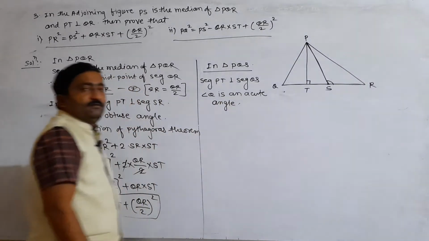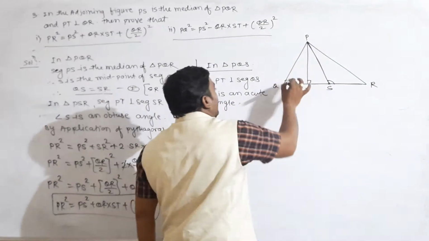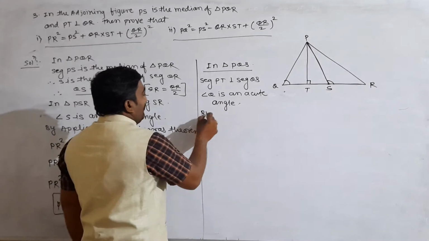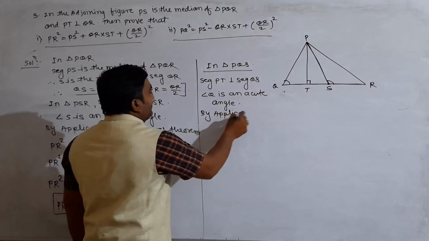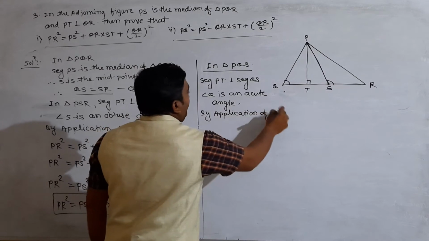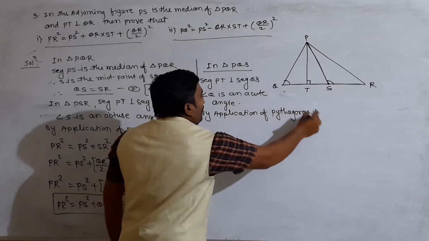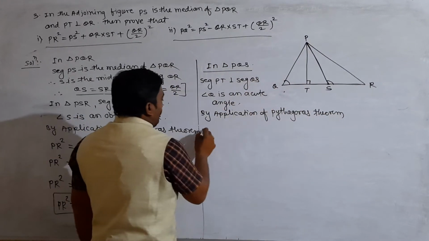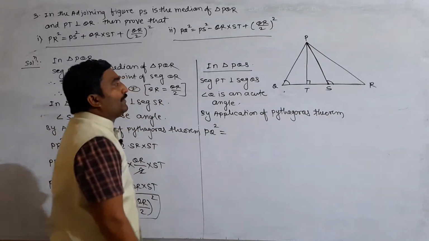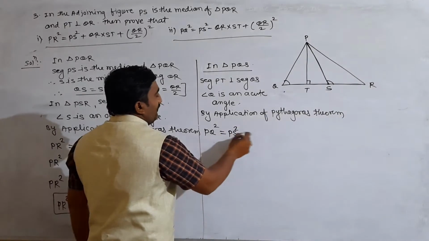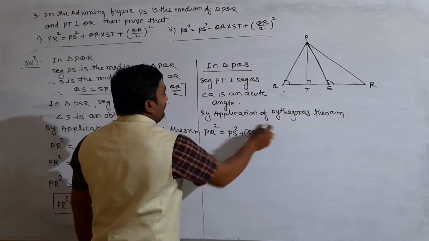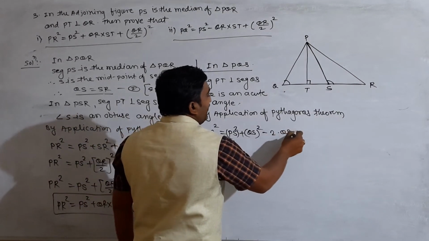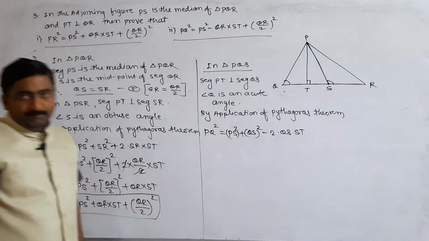And we know that when a perpendicular is drawn and angle Q is an acute angle, then by application of Pythagoras theorem, PQ square is equal to PS square plus QS square minus 2 into QS into ST. This is the application of Pythagoras theorem.